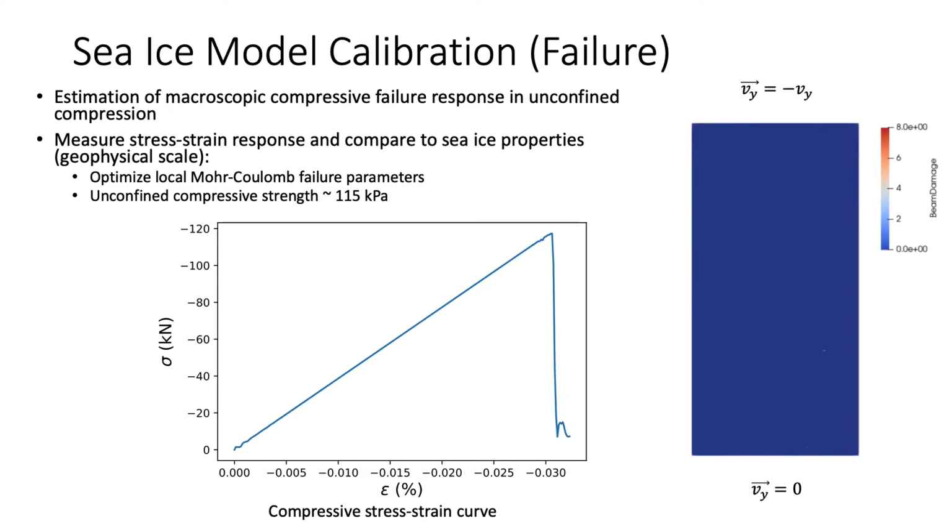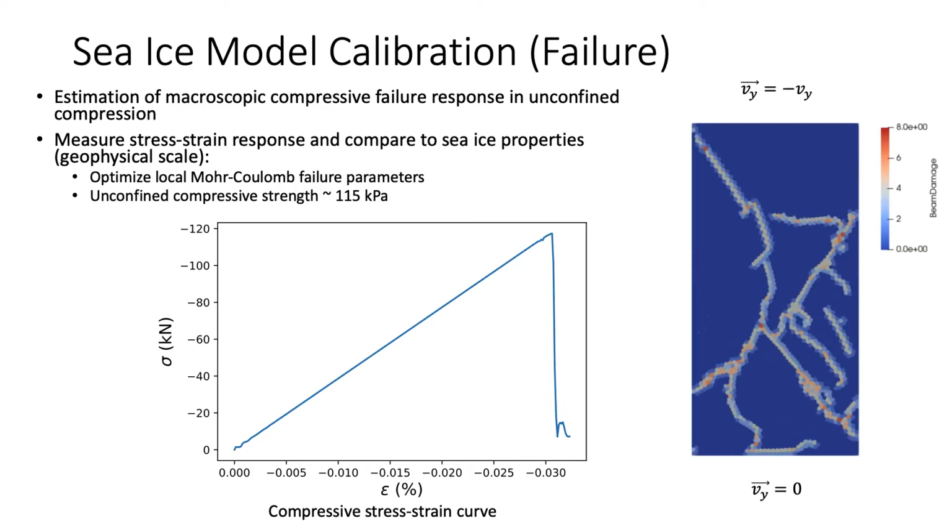Similarly, besides the elastic properties, we also need to calibrate the failure properties, and so what we can do is compress a column of ice and try to tune our local failure parameters or our non-local failure parameters such that the overall effective failure stress is what we would expect, or at least what we would want to prescribe. So we would take the value from the literature for sea ice at the scale of interest, and we would try to calibrate our failure stresses against those values.